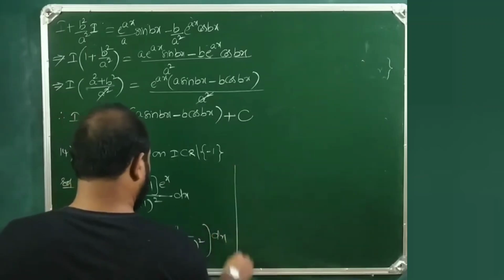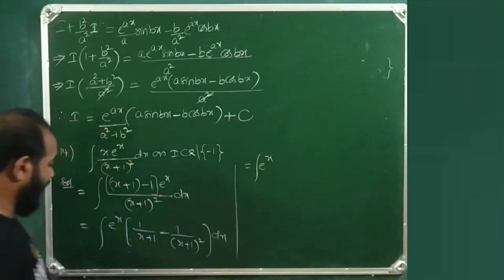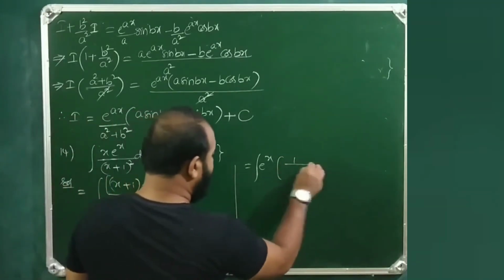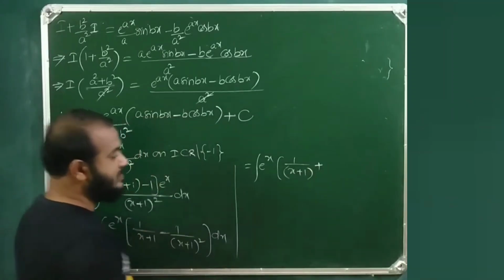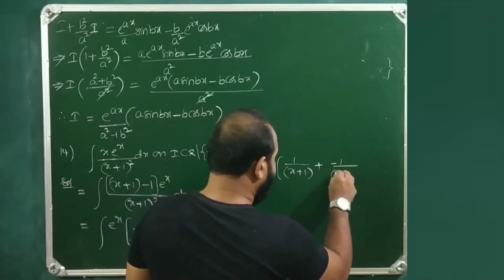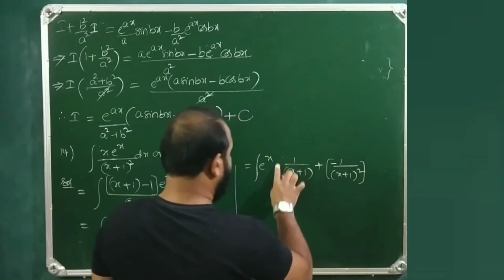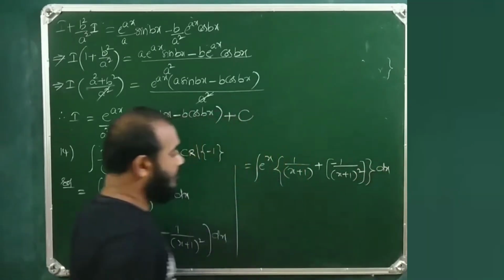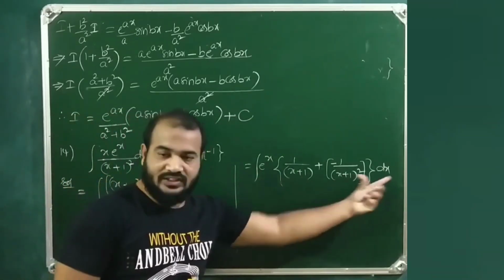This is equals to integral e power x into 1 by x plus 1 plus, this is minus 1 by (x plus 1) whole square, dx. So this is of the form integral e power x into f of x plus f dash x dx.